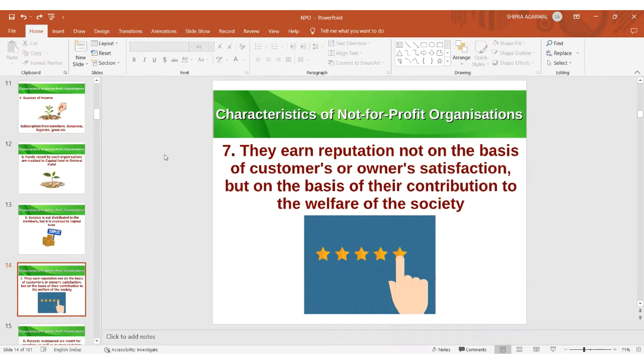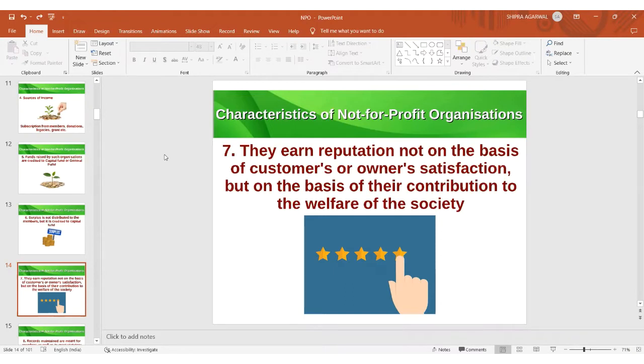See, when I'm talking about a regular commercial business, I told you that commercial businesses build a reputation for their organization based on customer satisfaction, mainly due to customer satisfaction, right? And maybe due to owner satisfaction also, because if the investors or the owners are satisfied, then certainly it builds a brand name in the market.